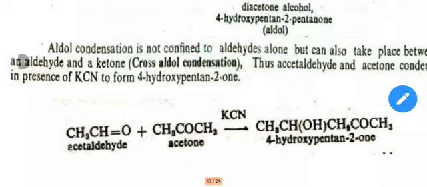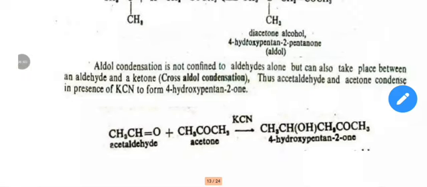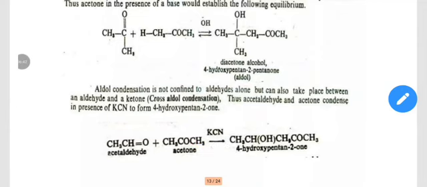So one aldehyde and one ketone are added in the presence of base to form 4-hydroxypentan-2-one. Acetaldehyde CH3CHO plus acetone CH3COCH3 in the presence of base form CH3CHOHCH2COCH3. So 4-hydroxypentan-2-one is obtained.